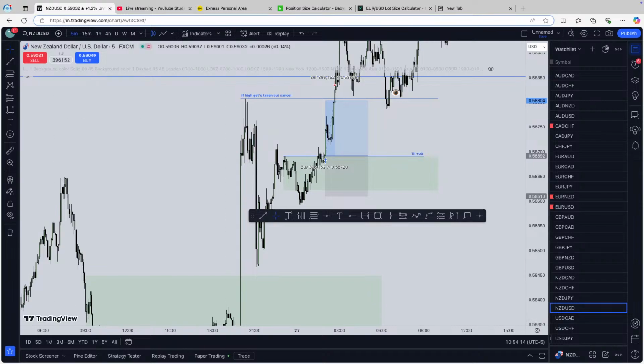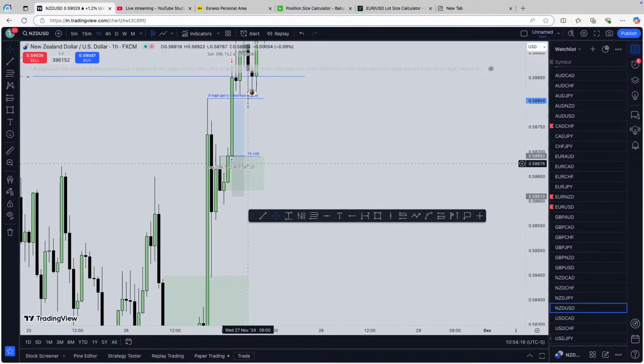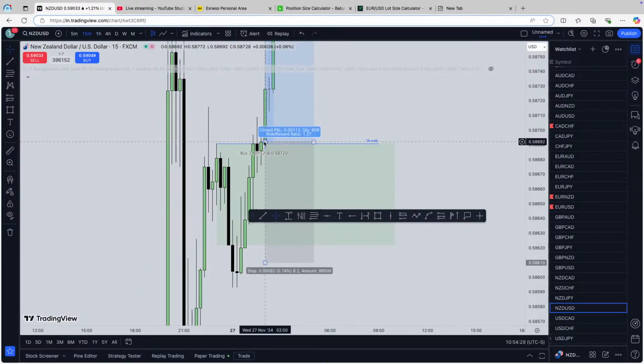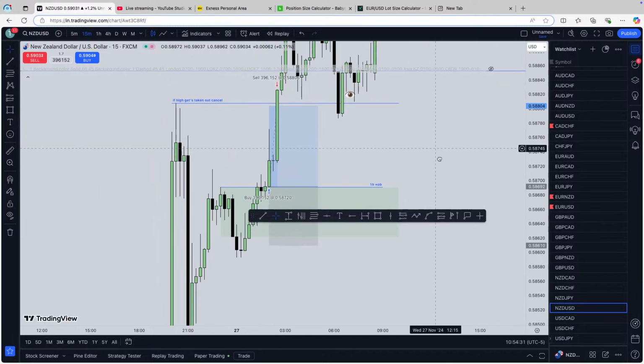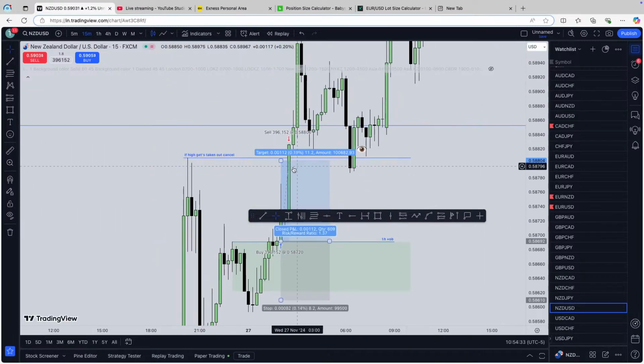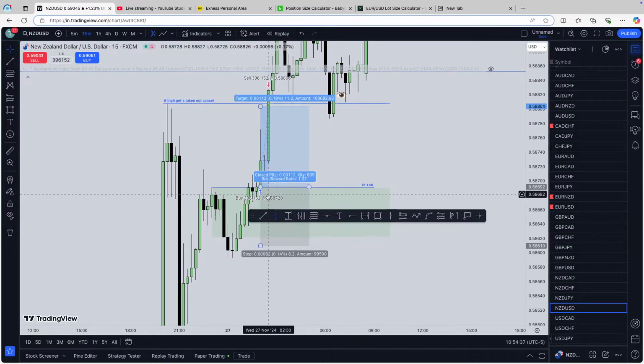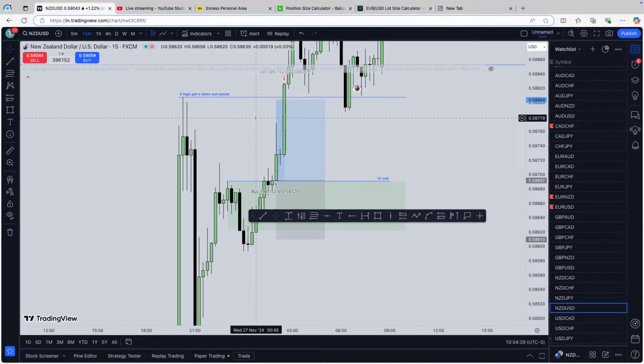If you look at this on the hourly chart, once we confirmed that we're going to move higher from here, there was a slight movement over here, so it was not going to impact my stop loss a lot. So I directly entered over here without any tapping of the order block. And I thought that once the high gets taken out, I'm going to cancel my trade. If it is not getting taken out, I'm going to enter it over here and target this high.